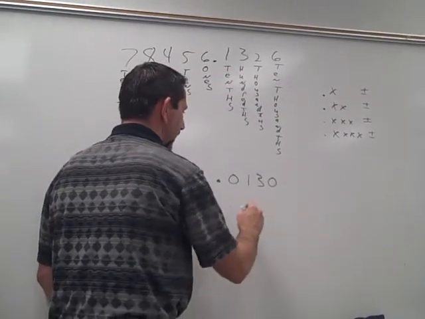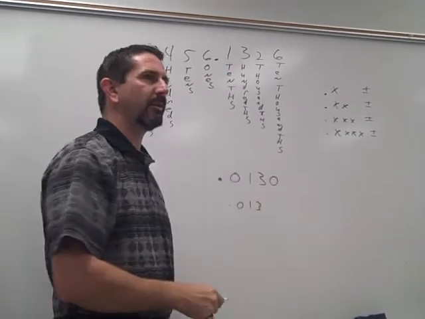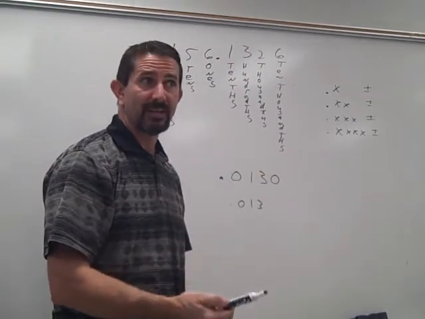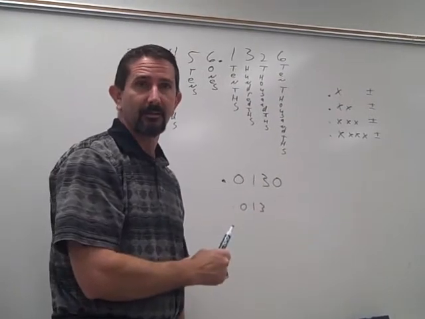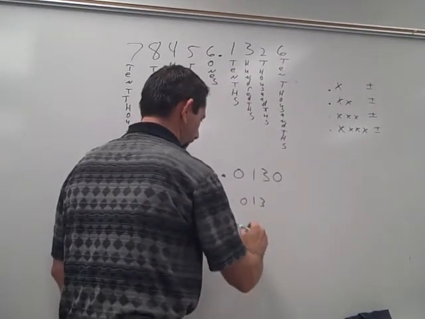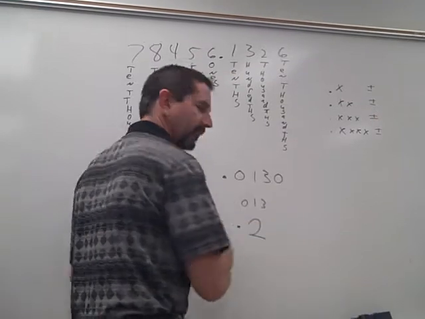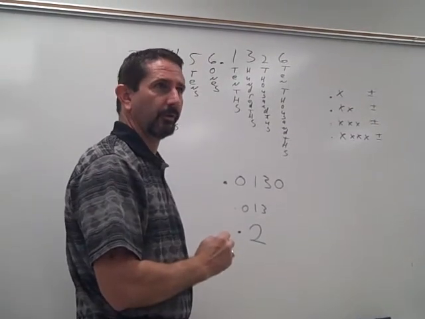If I had 0.013, then you would have 13 thousandths. Okay? This number, 2 tenths.